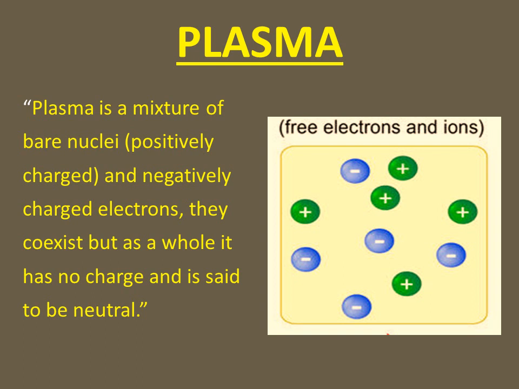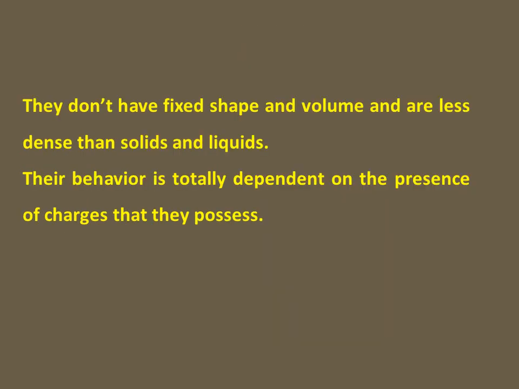But as a whole mass, they are neutral because the number of positive charges equals the number of negative charges. They do not have fixed shape and volume and are less dense than solids and liquids. Their behavior is totally dependent upon the presence of charges that they possess.